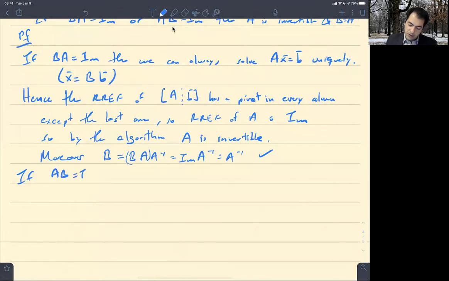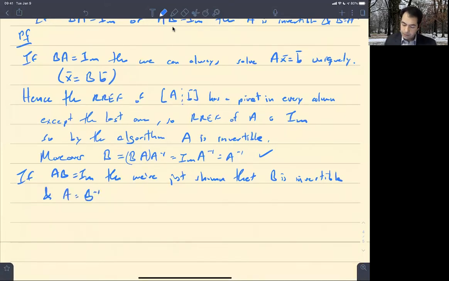Okay, well, if A times B is equal to the identity, then we've just shown, right? So just replacing the order, we've just shown that B is invertible, and A is equal to B inverse. But that means that B is equal to A inverse. And so we're done.